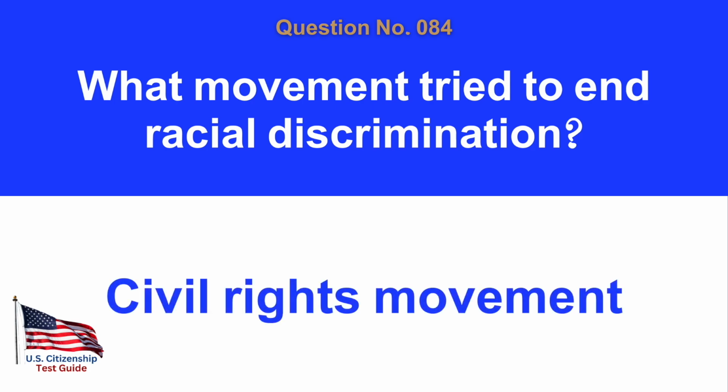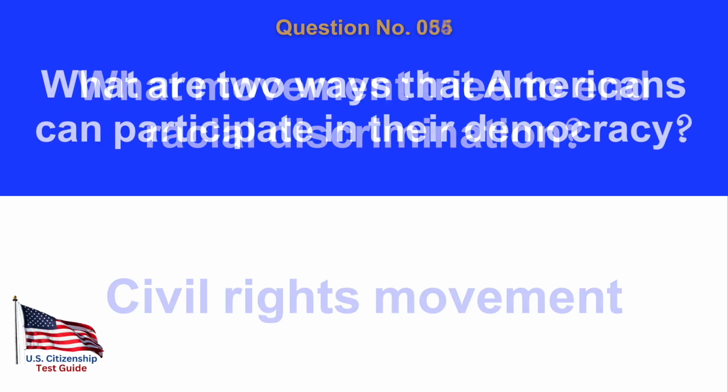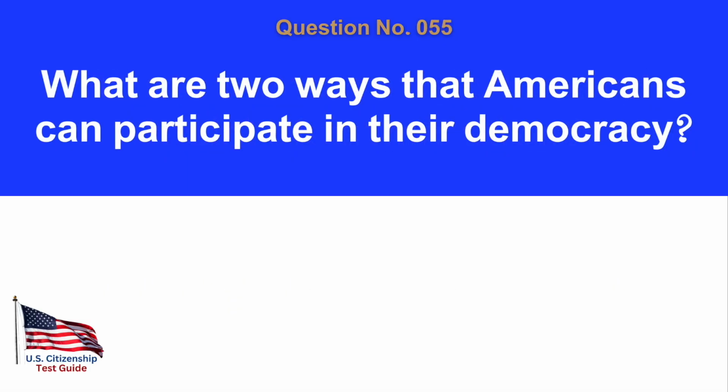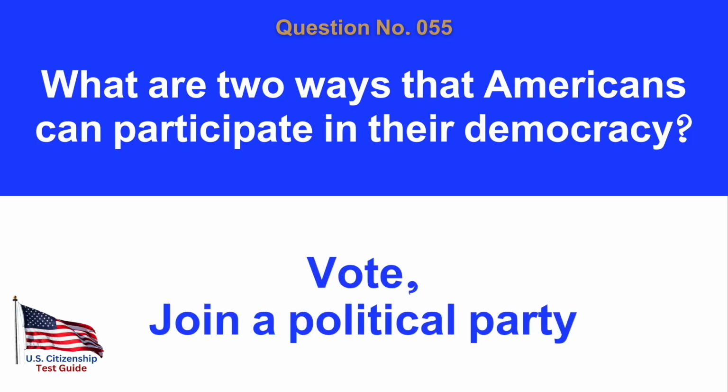Civil rights movement. What are 2 ways that Americans can participate in their democracy? Vote. Join a political party.